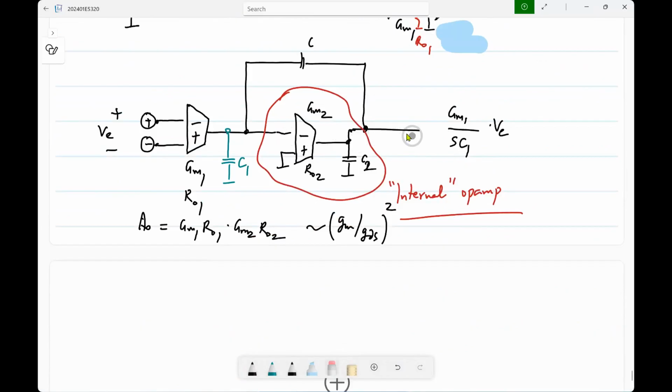Now the important thing is that if you have a resistive loading here, the gain of the second stage will be reduced, but the gain of the first one will not be affected, right? So you could probably live with a small gain in the second stage and try to get high gain in the first stage. So this, especially we'll see actually when we come to buffer circuits, you probably already know this.